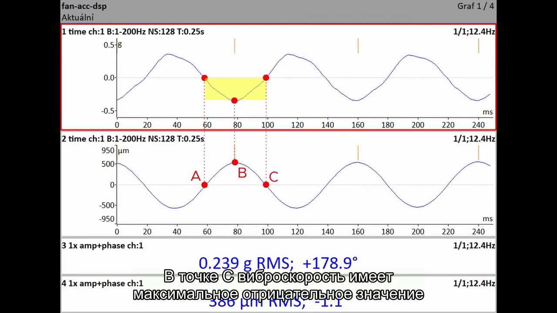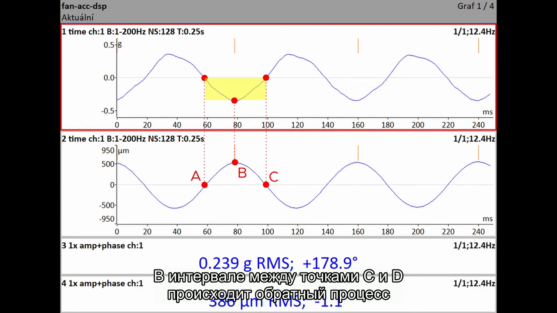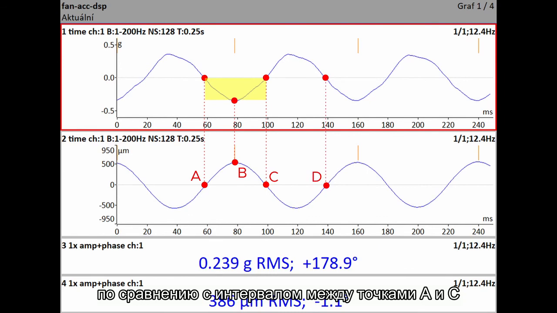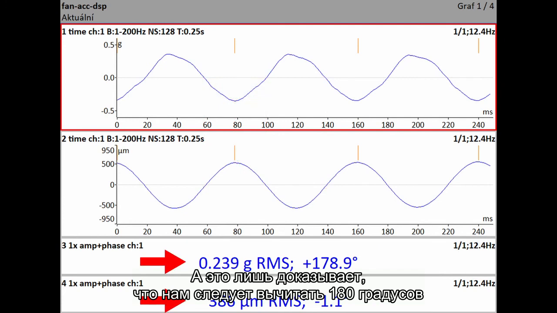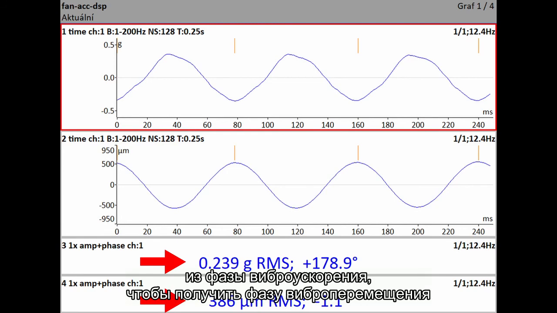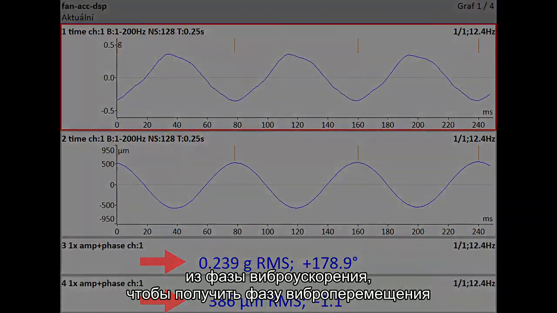At point C, the velocity has maximum negative value. In the interval from point C to point D, the process is opposite to the interval from A to C. And here is just the evidence that we must subtract 180 degrees from the acceleration phase to get the displacement phase.